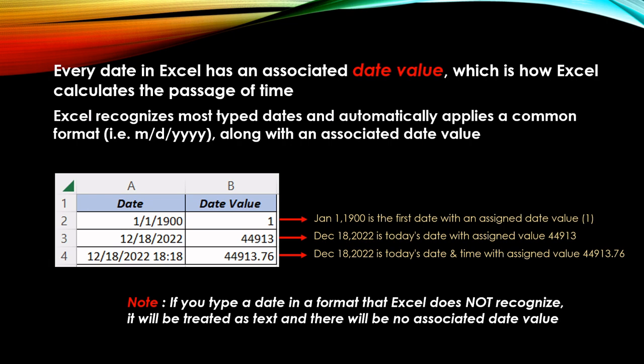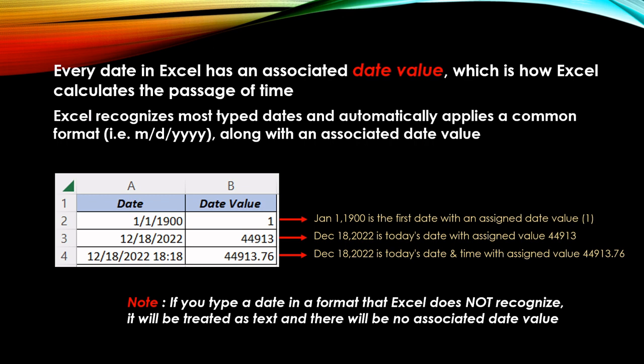Looking at some examples down here, again, January 1st, 1900 is date 1, so the date value equals 1. The next one is December 18th, which is showing as 44913 days after January 1st, 1900. And these date values don't have to be whole numbers.